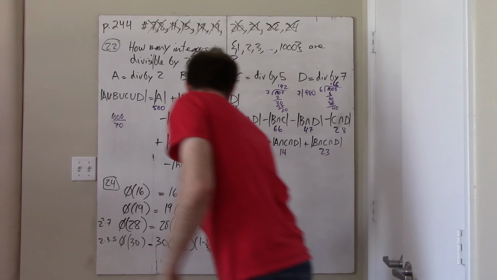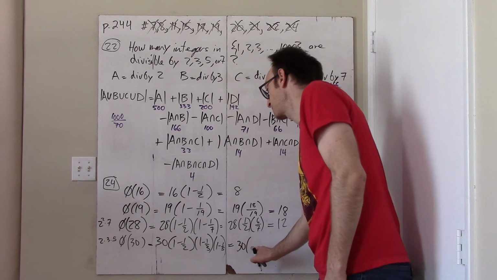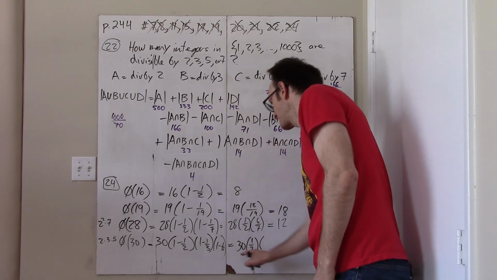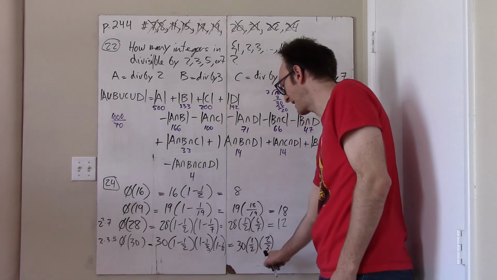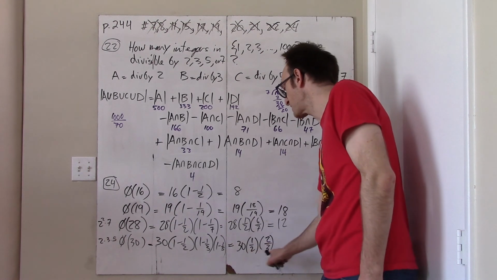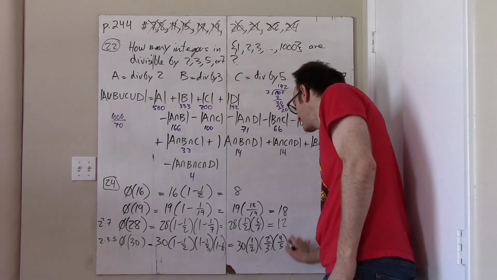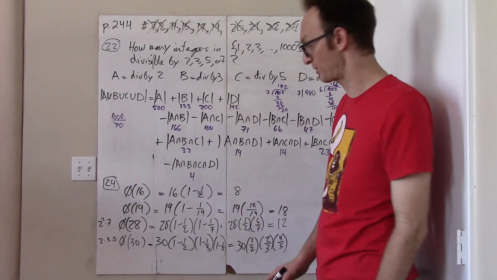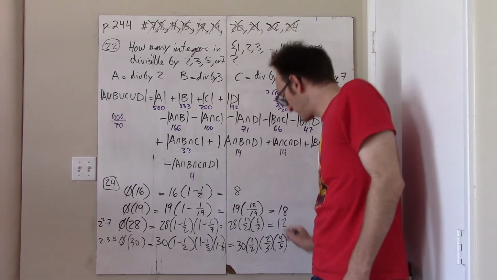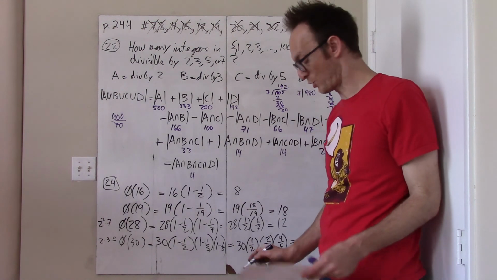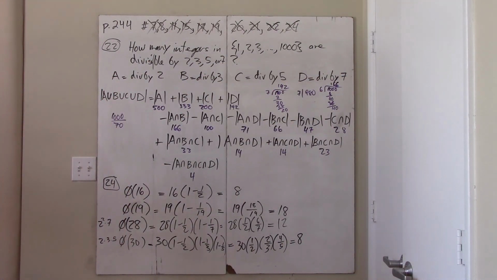And if you think about what that really means, it's 30 times the fraction of numbers up to 30 that are not multiples of 2, a half, times the fraction that are not multiples of 3, 2/3, because 2/3 of those will not be multiples of 3, and of the numbers that are not multiples of 2 or 3, I multiply by 4/5 of those, which will not be multiples of 5, because 4/5 of numbers in general are not multiples of 5. Therefore this should give the numbers which are not multiples of 2 or 3 or 5, and that is the numbers which are relatively prime to 30.